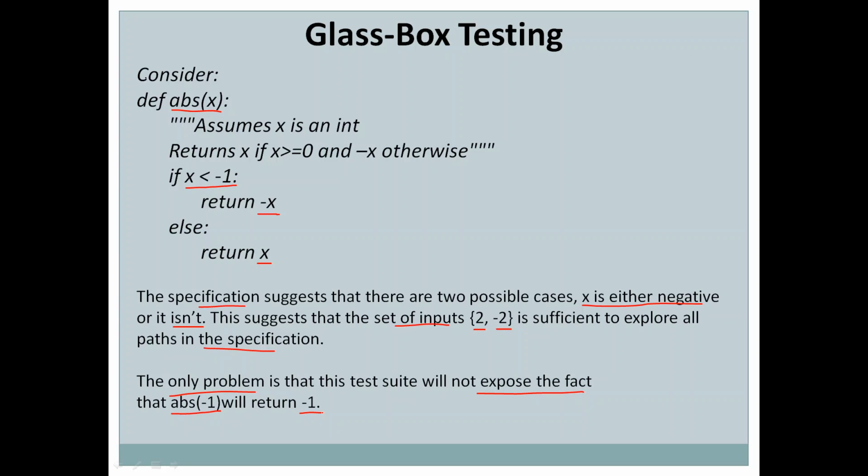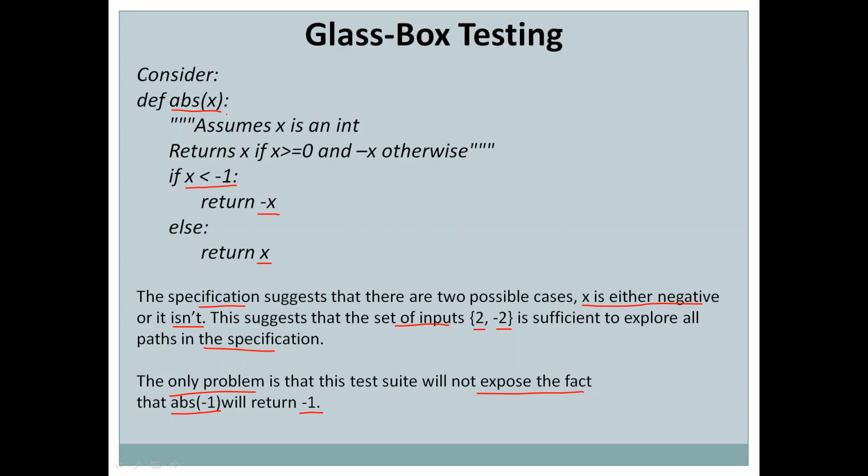As per the ABS function, if we pass it a negative number, it should always return a positive number. But if you pass minus 1 to this ABS function, it will still return minus 1. And this bug cannot be explored by using white box testing here.